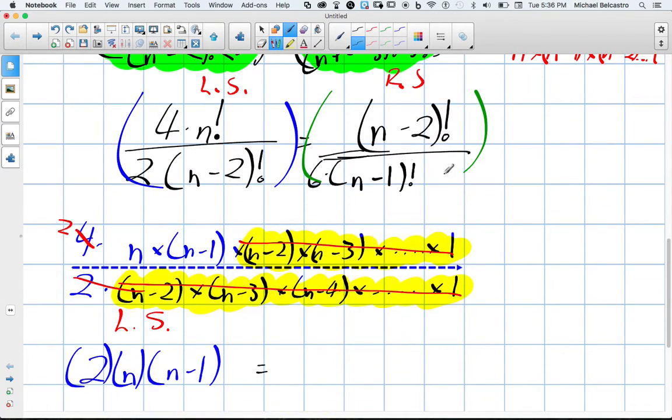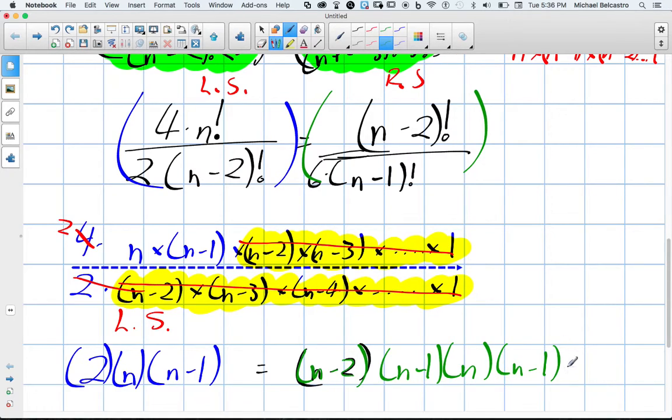So now when we go to simplify this right side, we get n minus 2 on top. We'll expand it. Oh, sorry, I said I was going to do it in green here. N minus 2 times n minus 1 times n times n minus 1 times n minus 2 all the way down to the number 1.